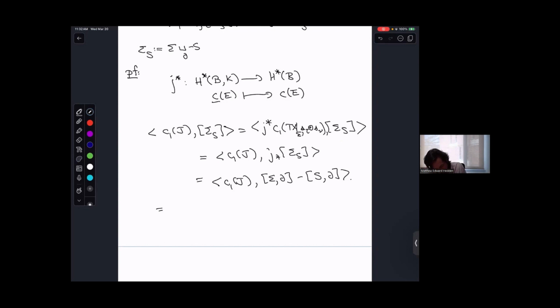So if I expand this out, I have c1 of TX restricted to sigma, relative to this trivialization that we discussed above.